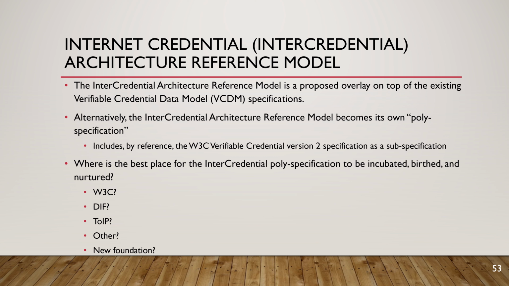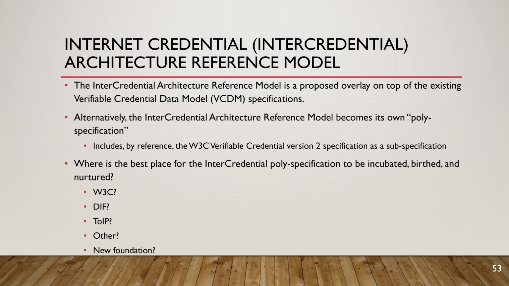It's not really intended, the InterCredential model is not really intended to be a new VCDM specification, only an overlay, but there's nothing preventing it from becoming its own, what I call poly-specification, a specification that transcends multiple specification organizations, multiple specifications, and multiple technologies.